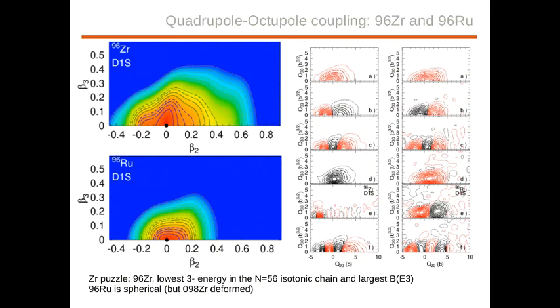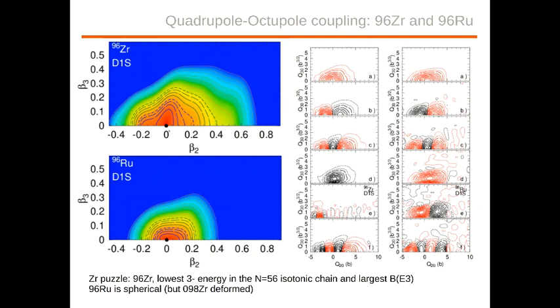With less involved considerations. So this is the result of some calculations I have performed for zirconium-96 and ruthenium-96 with some state-of-the-art effective interactions, by considering the quadrupole and the octupole degrees of freedom.